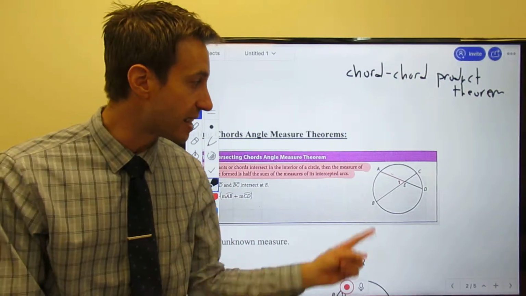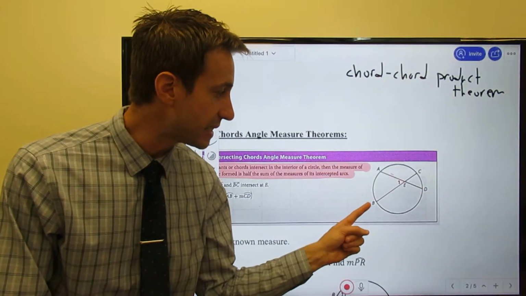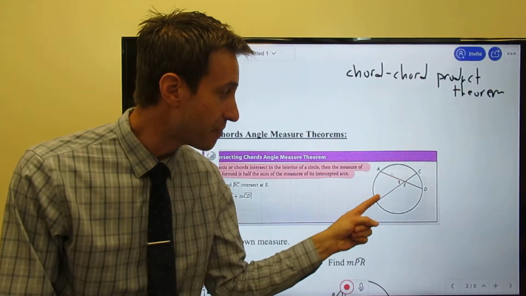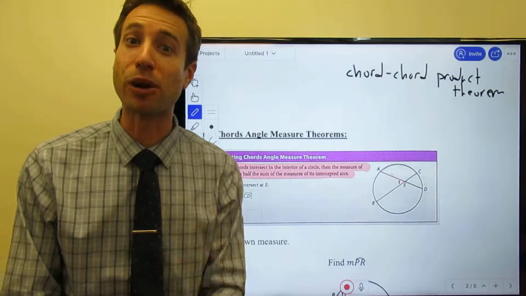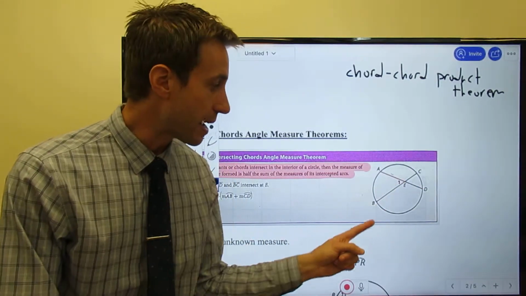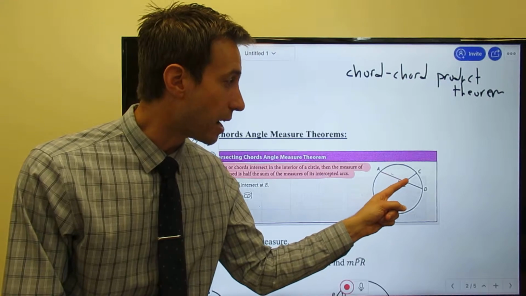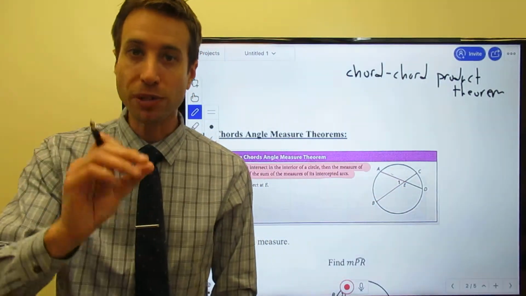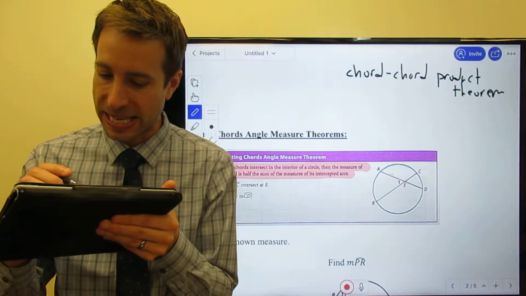And so the theorem said this: I have 2 chords. I have chord AD and chord BC. They intersect at E, and it breaks it up into 4 segments: AE, ED, and then BE, EC. And if I multiplied those chord segments together, they had to be equal to each other.